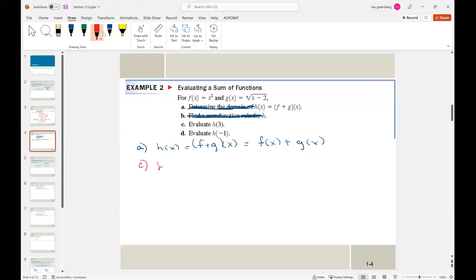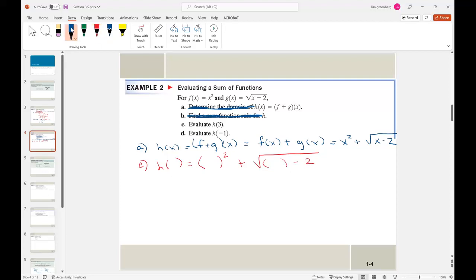We can say h of whatever is equal to, let's do it like this. This is x squared plus, and then I don't really need parentheses here, the square root of x minus 2. So I have h of whatever is equal to whatever x is squared plus the square root of x minus 2.